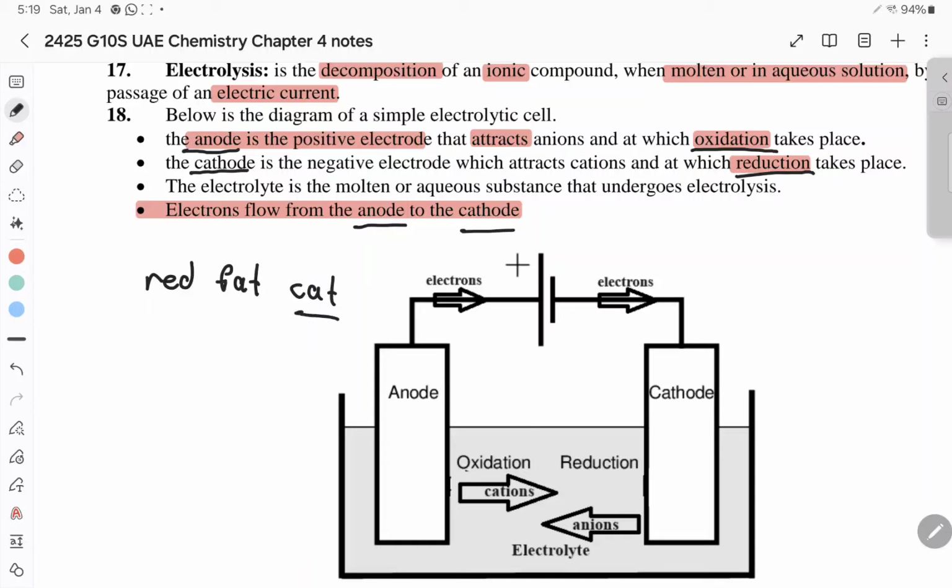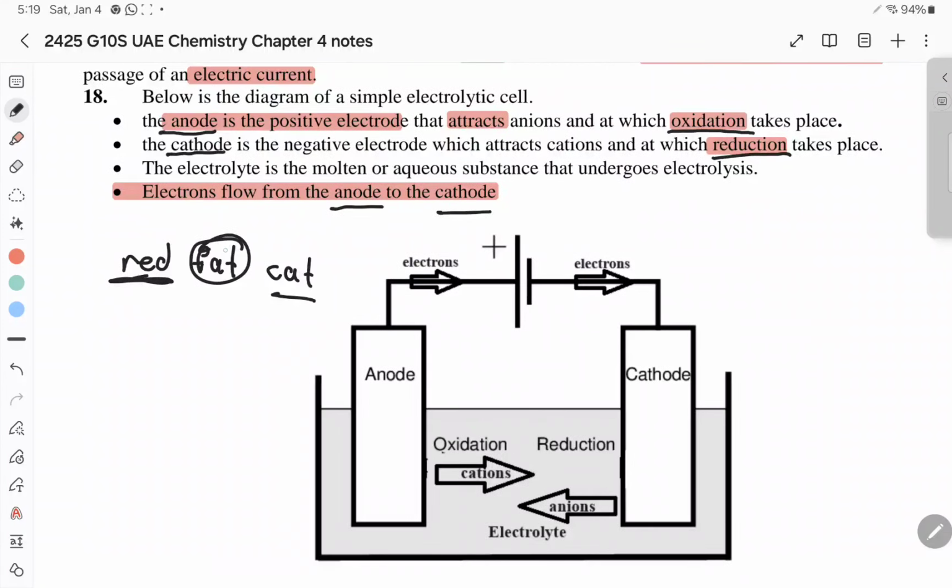Because at the cathode, the cat, its reduction happens, and the fat is because of another point that's going to come below at the electroplating. It increases in size, but forget it for now, it's going to be useful later. So the red fat cat. Cathode undergoes reduction and increases in size.